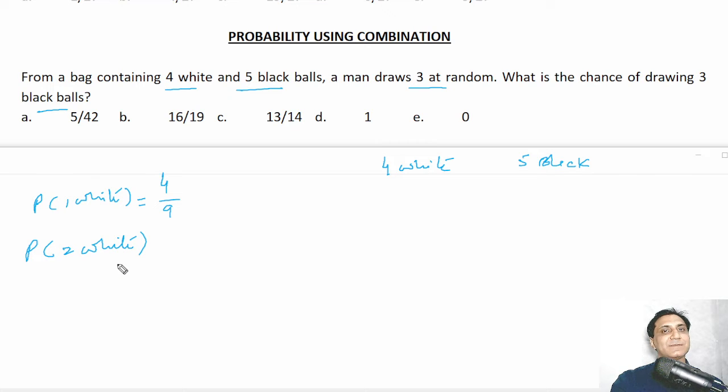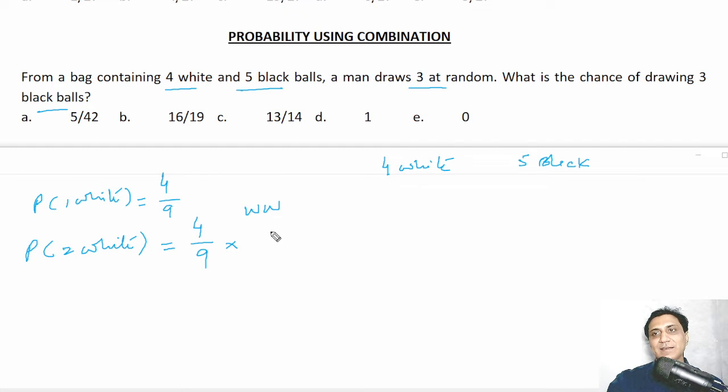For the first white ball the probability is 4/9, the same. But when you are choosing the second white, as you have chosen one white ball already, you have 3 white balls left, out of 4, one is gone.